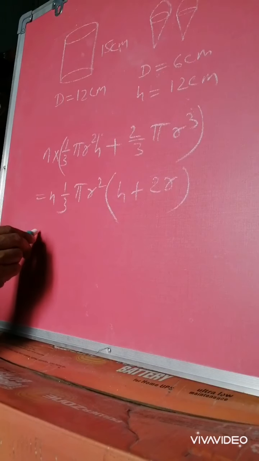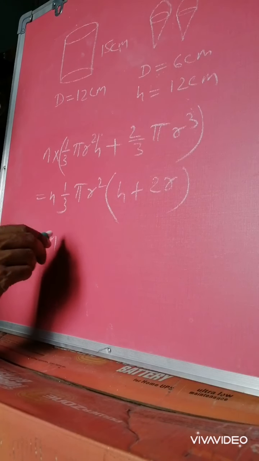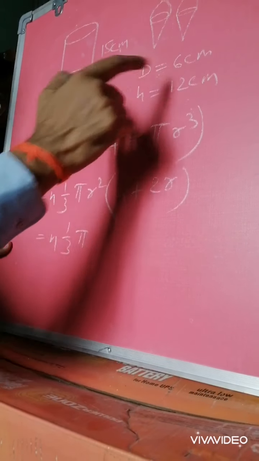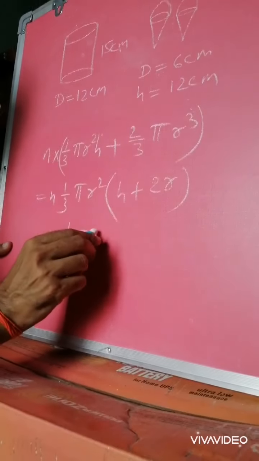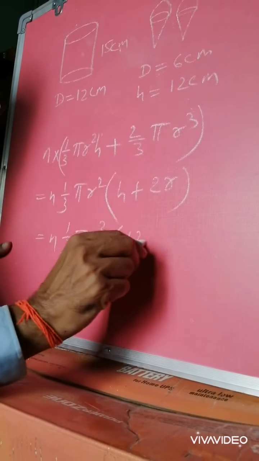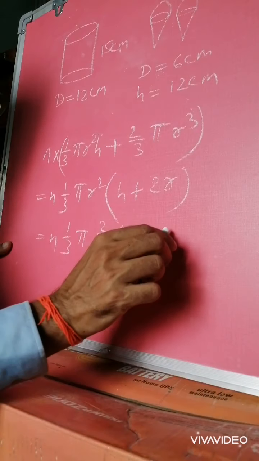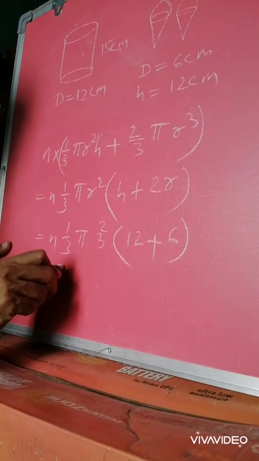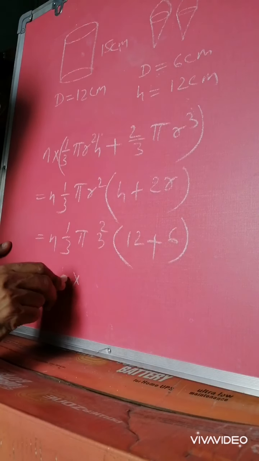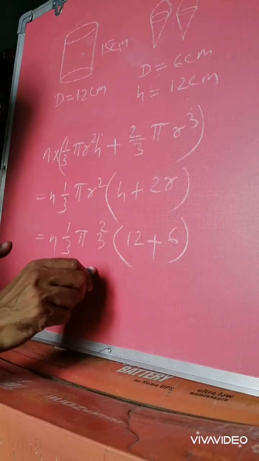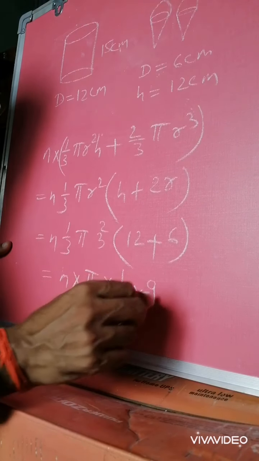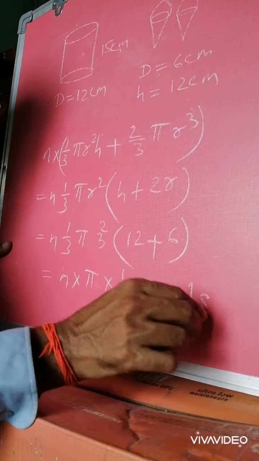So 1 by 3 pi r square taken common, here h plus here 2r, since 2 and r cube are gone, r remains. That is equal to n into 1 by 3 pi, r is 3 cm since diameter 6 is given, so r square is 3 square. h is 12 plus 2r, which means the diameter 6. So that equals n into pi into 1 by 3 into 9 into 12 plus 6 is 18.